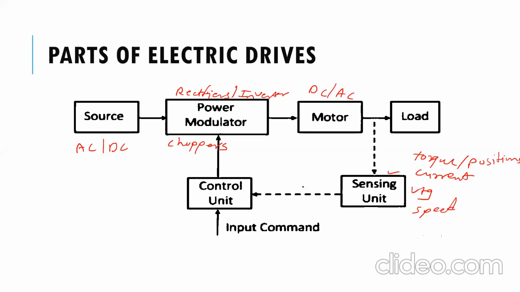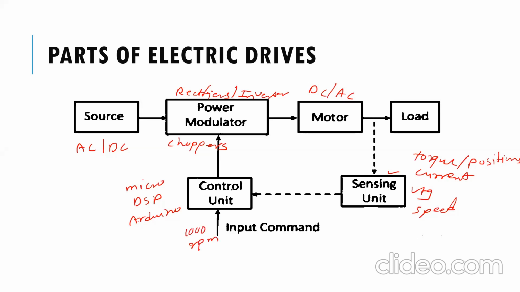Whatever quantity is sensed by the sensing unit, that is the sensors, it is given to the control unit. The control unit is nothing but a microcontroller, or it may be a DSP processor, or it may be Arduino. And this control unit is again fed from an input command. If I want to run the motor at 1000 rpm, then my input command is 1000 rpm.